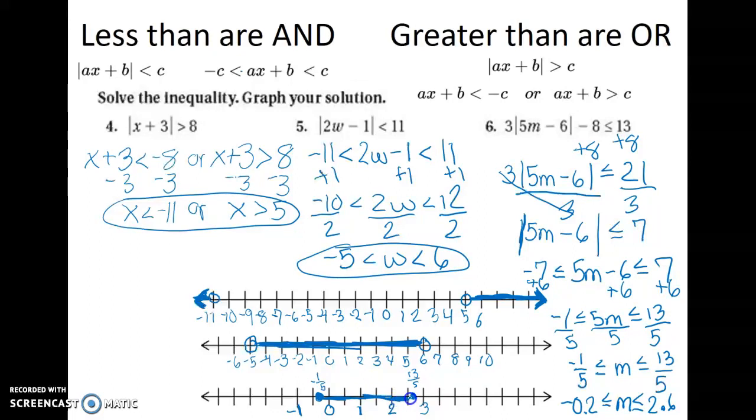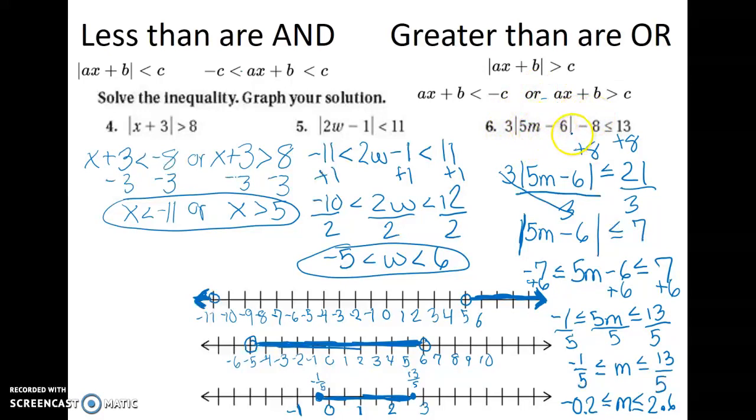So this is a very small amount of values that work for this absolute value inequality. Now you do want to check a value and want to use the original one, not anything that you did anything with, the one that was actually typed in the book. So I'm going to use 0 because 0 should be a solution. If I put 0 in here, I need to do what's in the absolute value bars first and then everything on the outside.